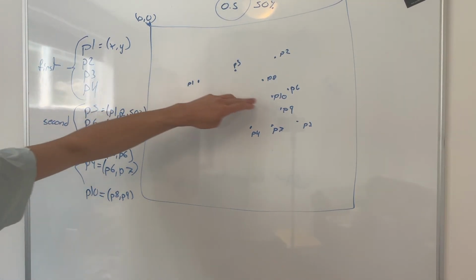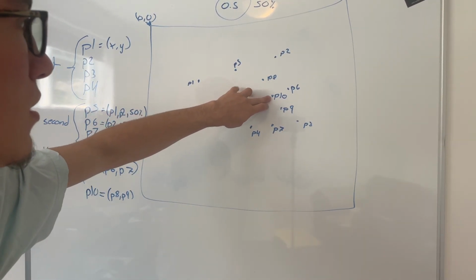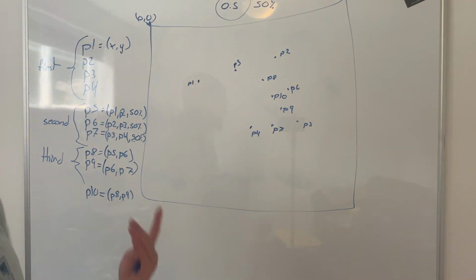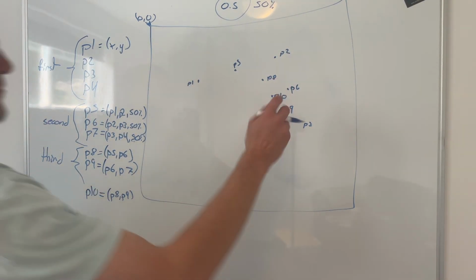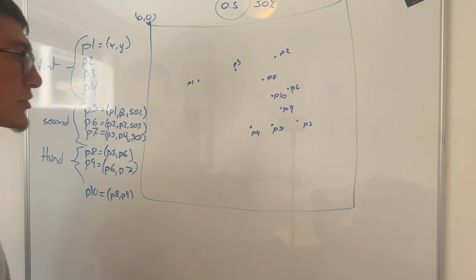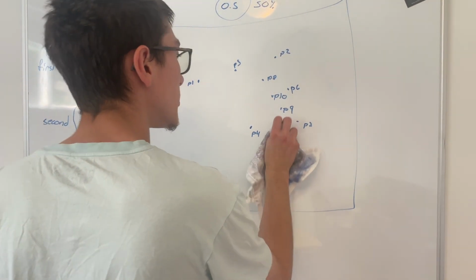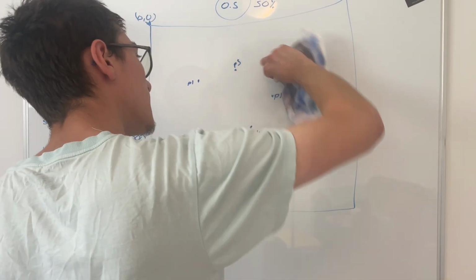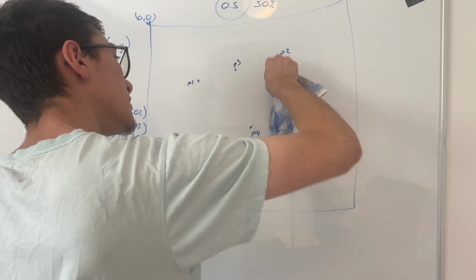Okay, awesome. So we know the middle point. Now, how can we get our curve from just the middle point? We would need more than just the middle point, right? So I'm going to erase this just because there was a lot of writing on there. I'm going to keep P10 and the original 4 points. There we go.